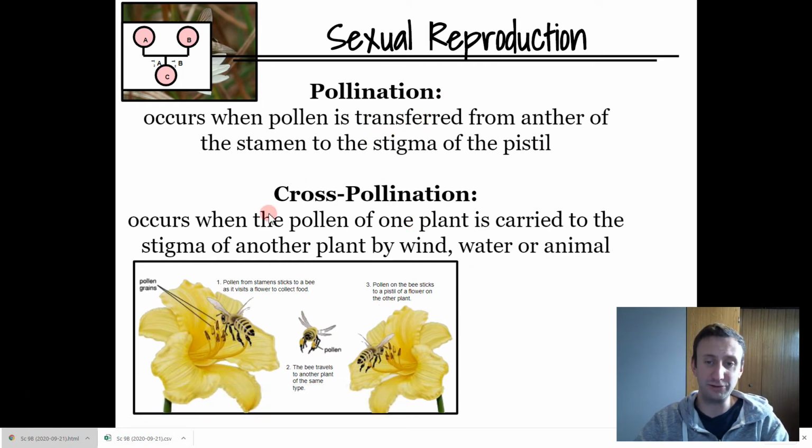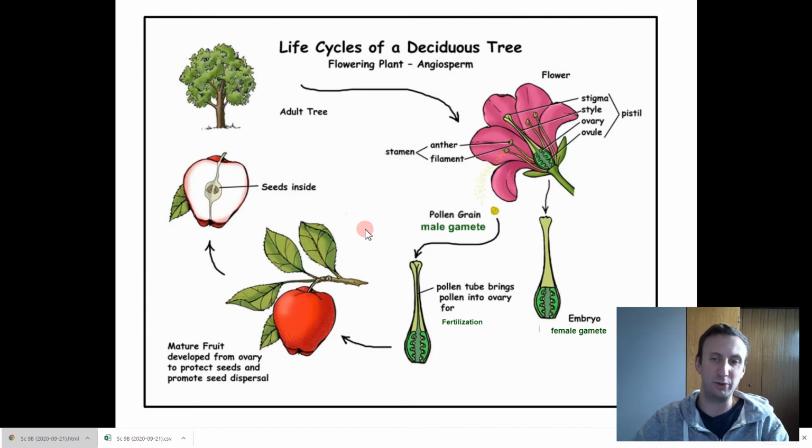So cross-pollination is where I have sexual reproduction. Pollination can be either sexual or asexual, depending on whether the pollen landed on the same plant, which would be asexual, or on a different plant than the pollen came from, which would be sexual reproduction.